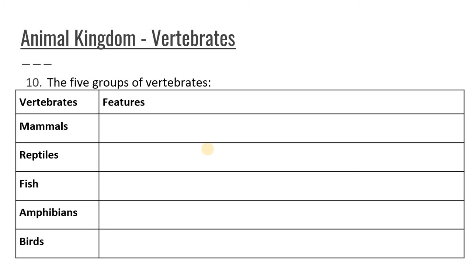In each of these 5 groups, they have their own sets of characteristics that justify whether they are mammals, reptiles, fish, amphibians, or birds. Again, a reminder, I want you to make your notes in table form, so that you can study more easily.